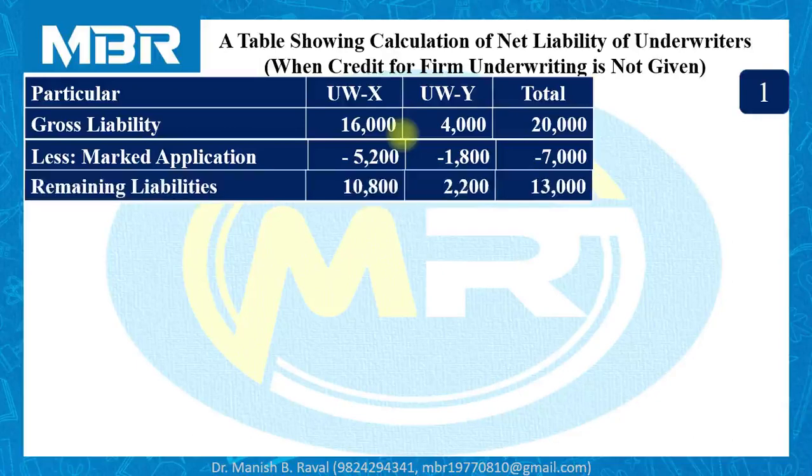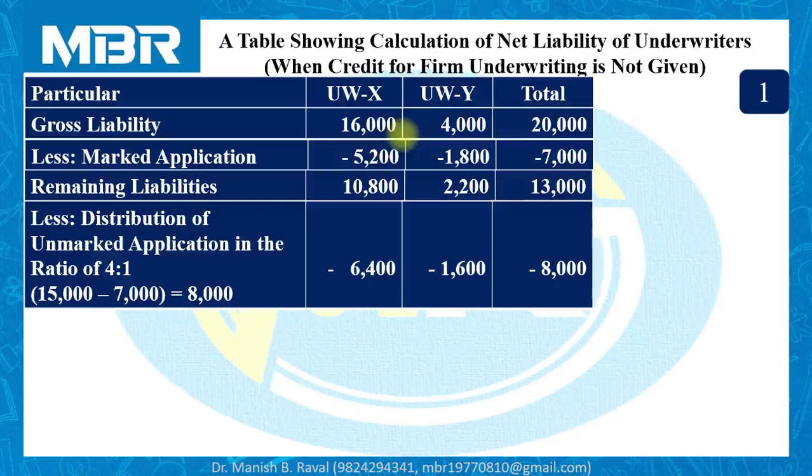So remaining liabilities are 10,800 for X and 2,200 for Y. Total 13,000. Now, distribution of unmarked applications in the ratio of 4 is to 1. Check your question.